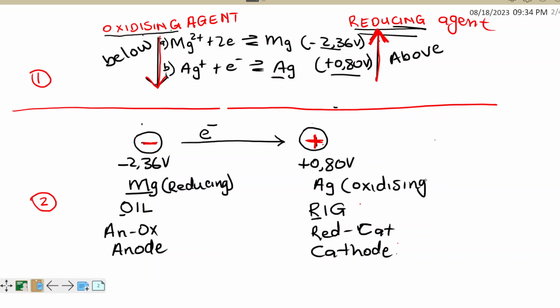So we just wrote all the information that we needed. We know that the magnesium is the anode and it is the negative electrode. The silver is the cathode, and it is the positive electrode. That's what we wanted: which one is negative, which one is positive. So magnesium is negative, silver is positive.